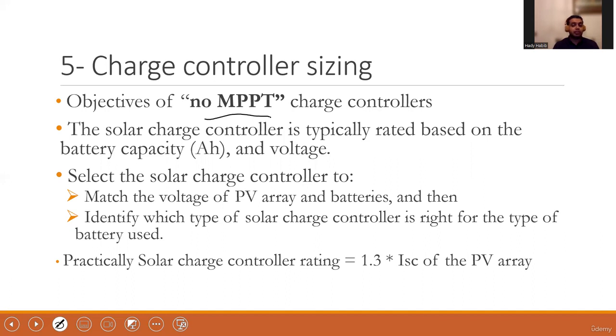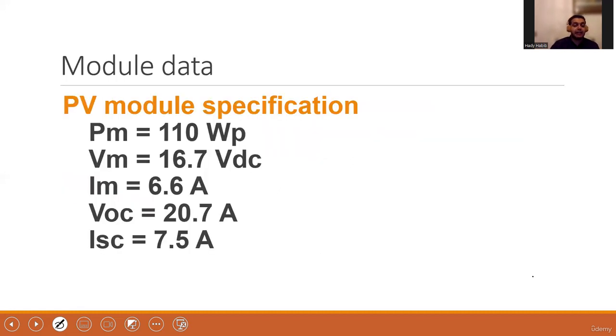It has the voltage of the DC side, which if it's 12 for the battery, then it will be 12. If it's 24 for the battery, it will be 24. If it's 48, it will be 48. And we need to calculate the current rating of the solar charge controller. It's usually 1.3 multiplied by the I short circuit of the PV array.